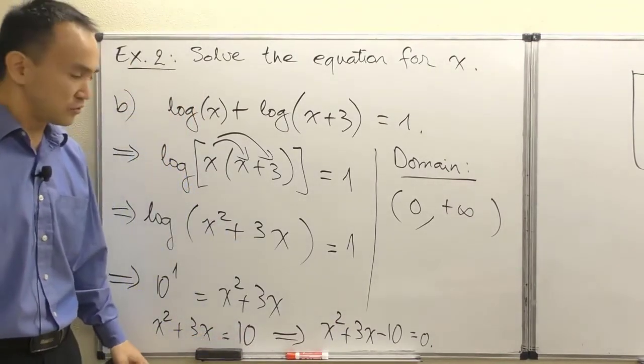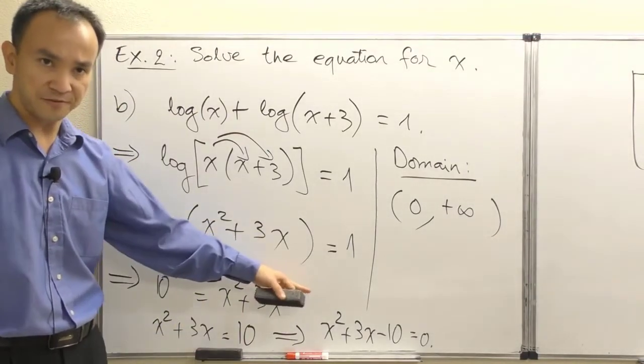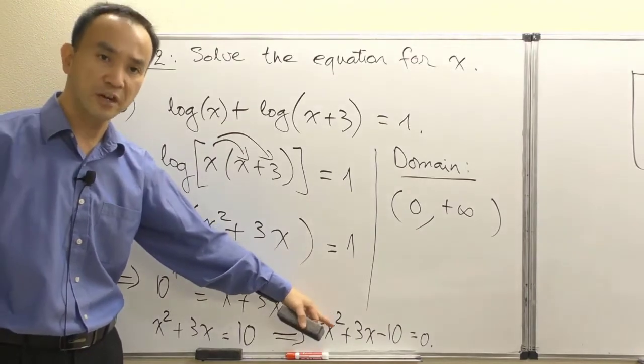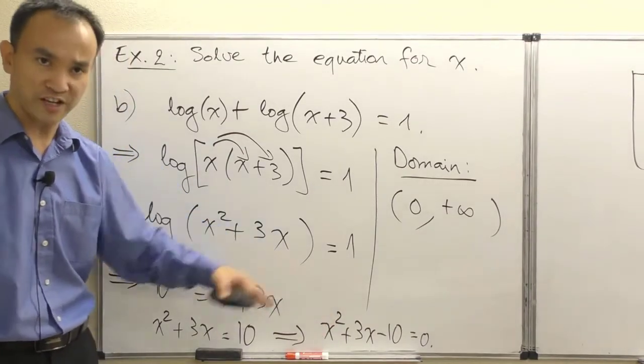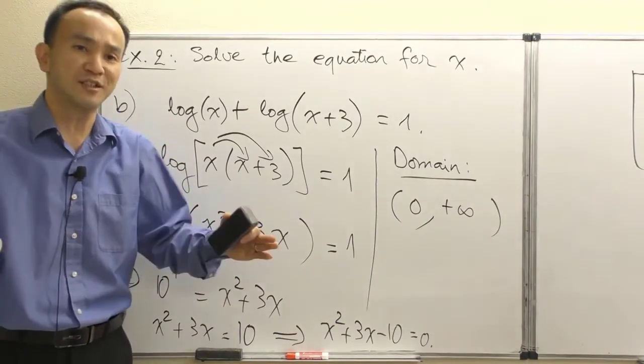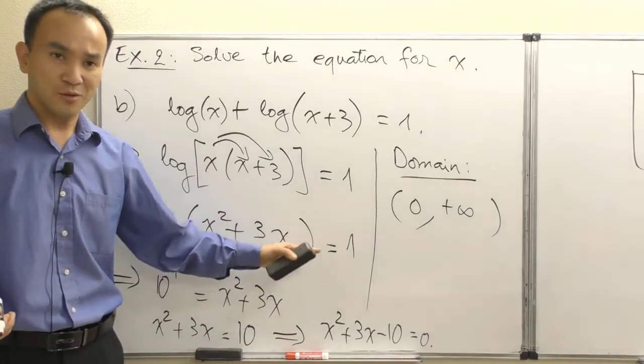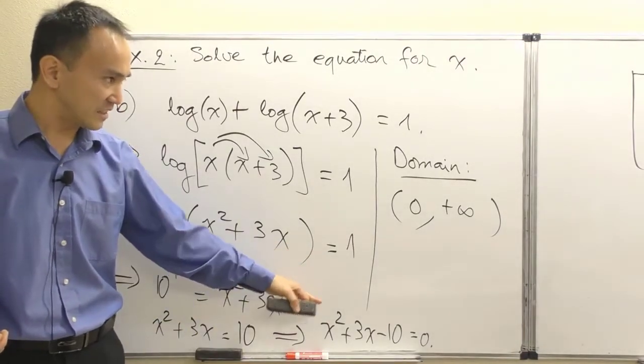Right at this moment, when I'm looking at this, the factoring method comes more trivial for me for this quadratic equation. But I'm not saying I'm always going to stick with the factoring method to solve a quadratic equation. So right now I see that I can factor this.